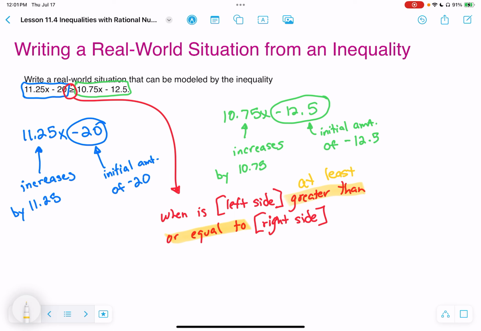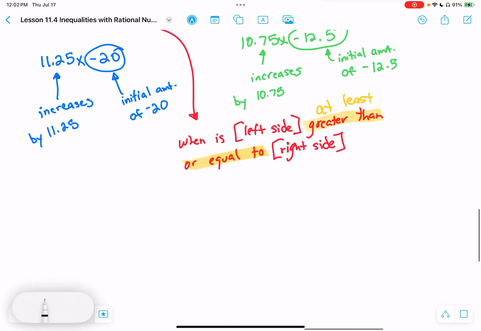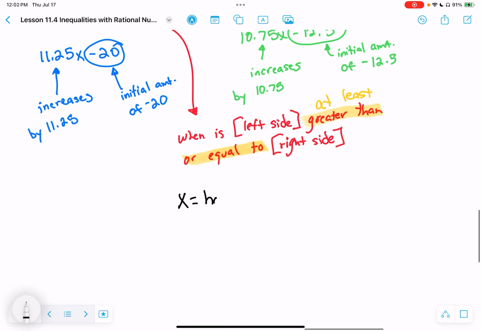Okay, so we want the left side to say it increases by 11.25, but we have an initial amount of negative 20. And then the other one's going to say something similar, increases by 10.75, and an initial amount of negative 12.5. So anytime there's a decimal, of course, my immediate thought is money. So 11.25 and 10.75, I'm thinking maybe that's the amount of money they make per hour. So x equals hours, and y equals money.